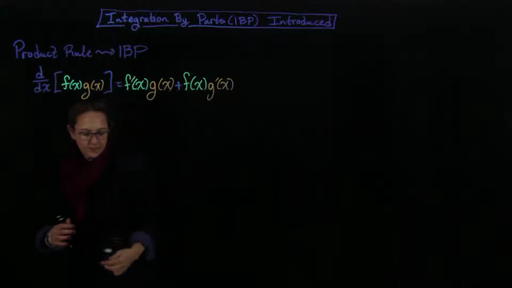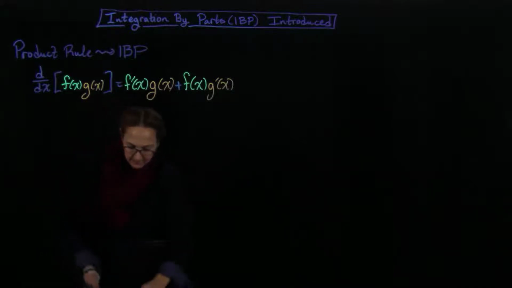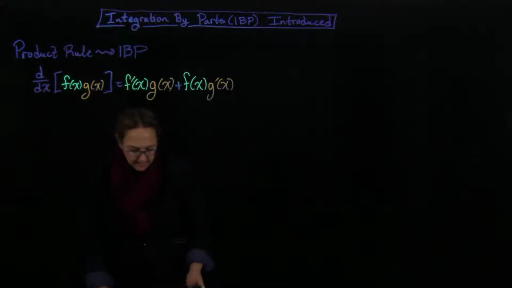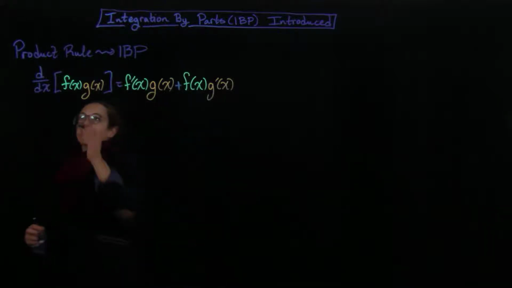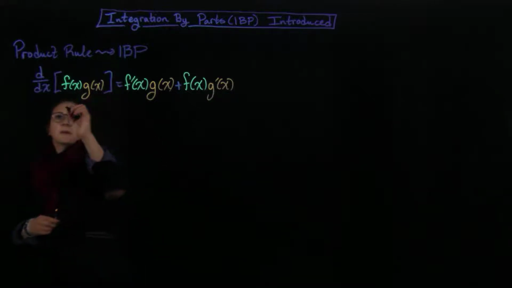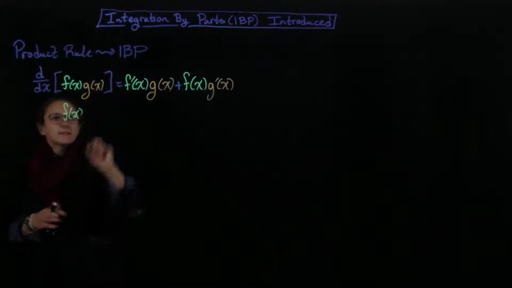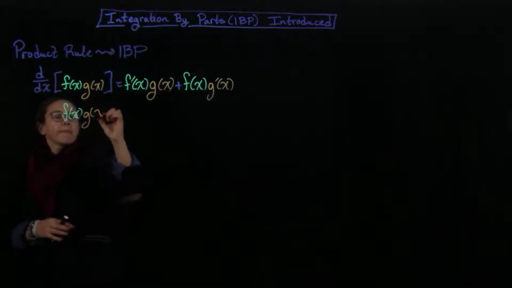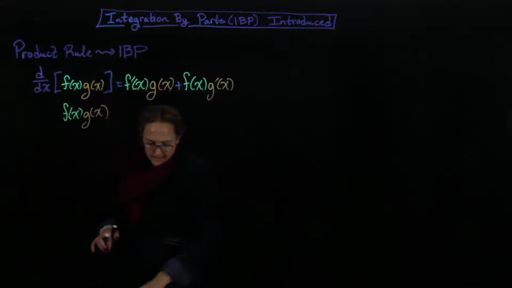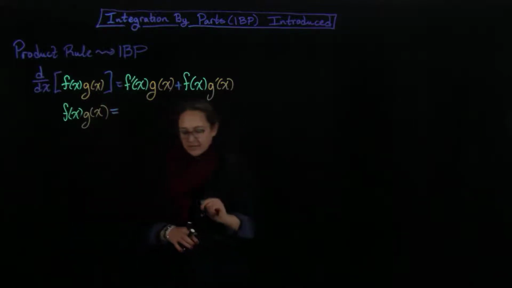And then the next thing I want to do is take the antiderivative of both sides. So let's go ahead and do that. If I have the derivative and then I do the antiderivative, I get my original thing back. So I get f of x times g of x on this side. And this is going to equal, well, here I have to actually integrate.